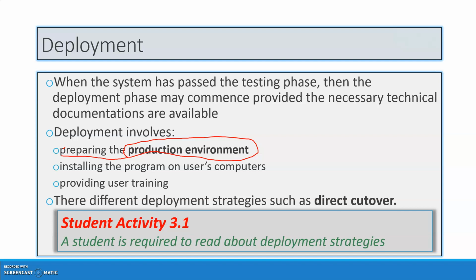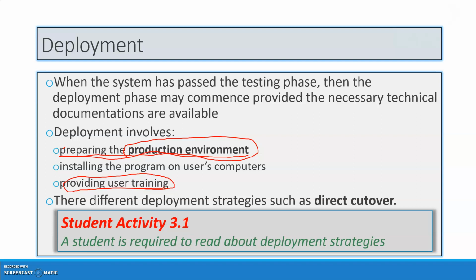These two environments are different, and the first thing to do is to prepare the production environment so that it can actually handle the program which is going to come. Then you do the installation. You install the program on user's computer on the environment that you have prepared. Then you provide user training. How users should use the program.